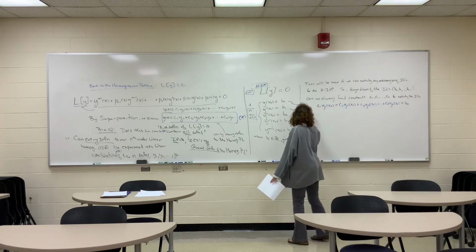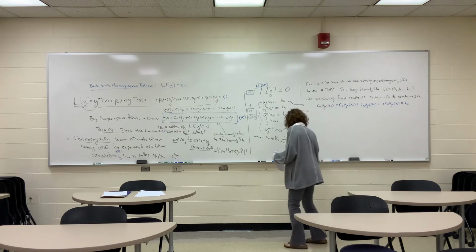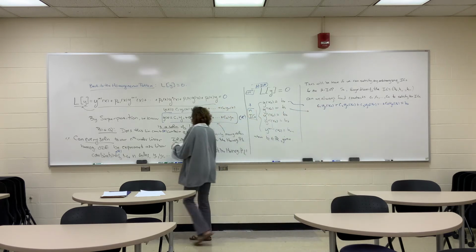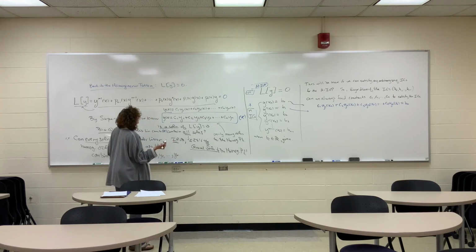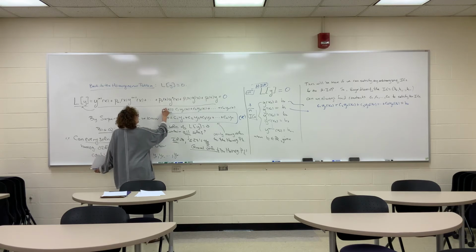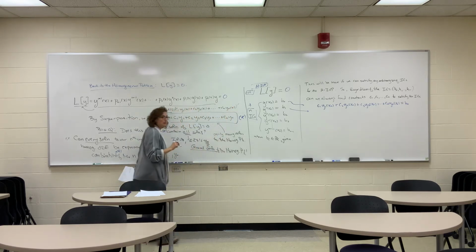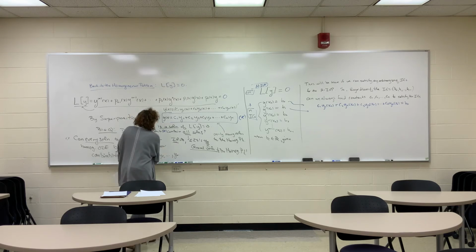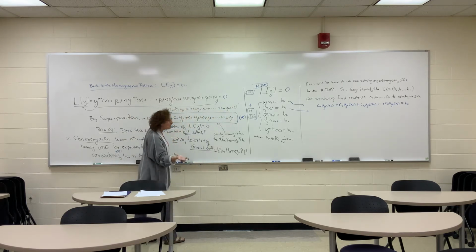But then we got this initial condition, y prime at x naught. In order to evaluate y prime at x naught, we first need to know what y prime is. If I take this derivative, derivatives are a linear operation.